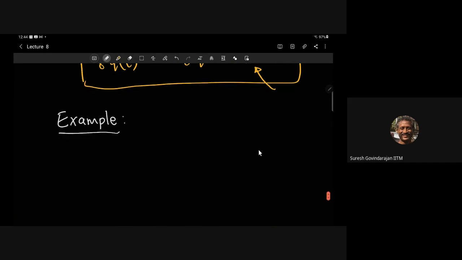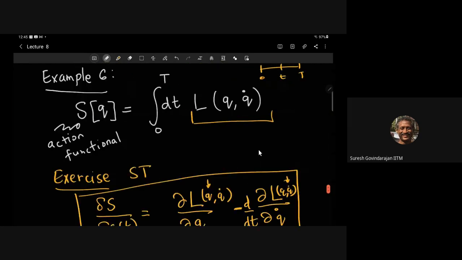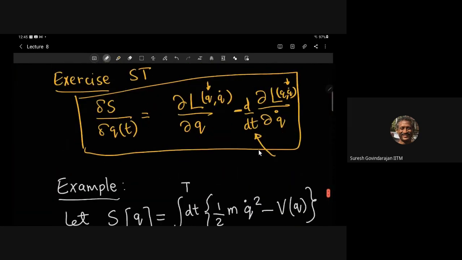Okay, so let S of Q be the following function. So this is pretty much like our F example, right? F1 plus F2.